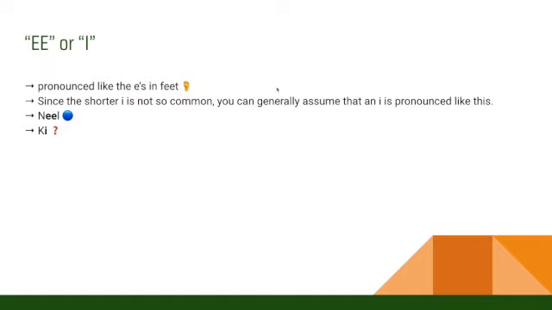I mostly included the last one just so you know there are two different I's. It's pronounced like the E's in feet, and since the shorter I is not so common, you can generally assume that any I you see is pronounced like this one. So one example for just a regular I is ki, which means what, and then for the double E we have Neil, which means blue. It's also a name.